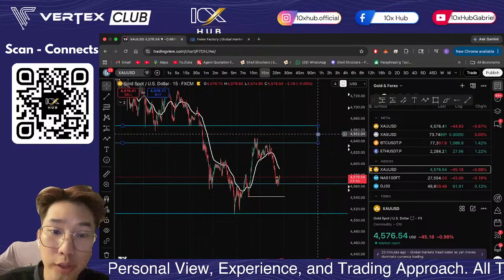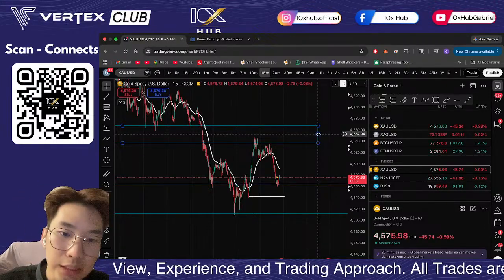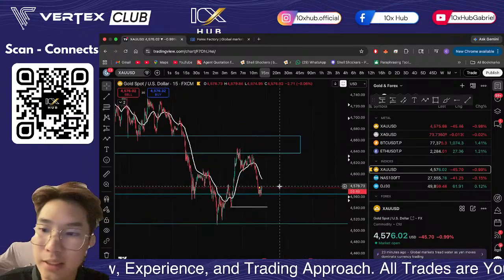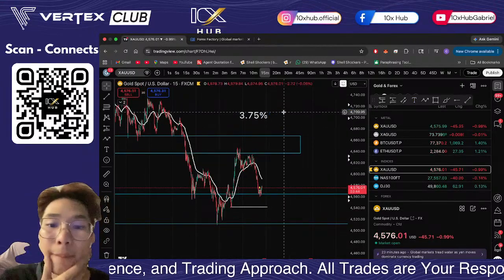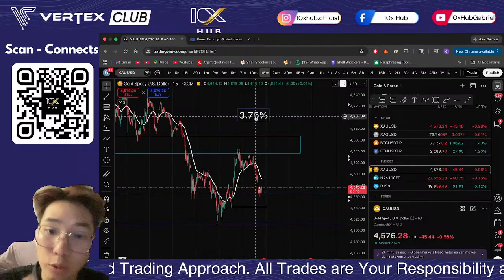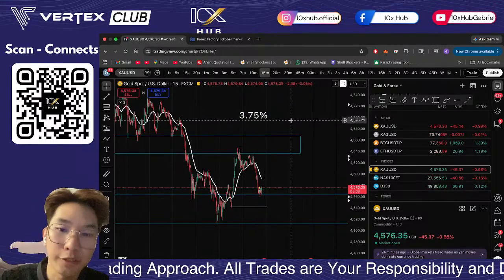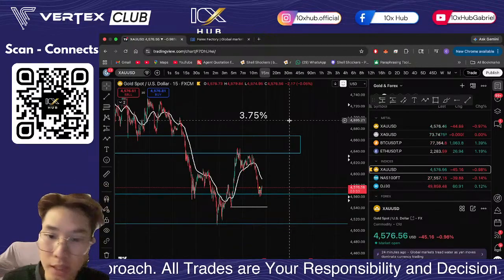What if the interest rate is lowered in the US? Because currently the interest rate is 3.75%. If it is lowered by, let's say, 0.25%, we can see a lot of money going into the market again. A lot of liquidity will enter the market again.